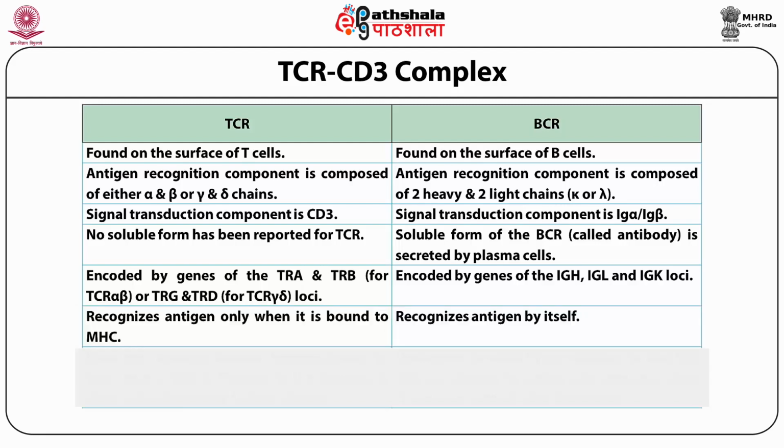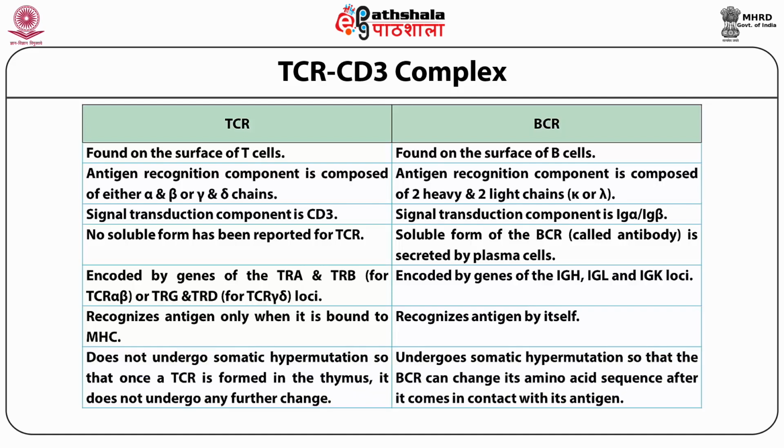The seventh point of difference is that the TCR recognizes antigen only after it has been processed and presented in the context of a self-MHC molecule, while the BCR recognizes antigen by itself. The last point of difference that we are going to talk about today is that the TCR does not undergo somatic hypermutation, so that once a TCR is formed in the thymus, it does not undergo any further change.